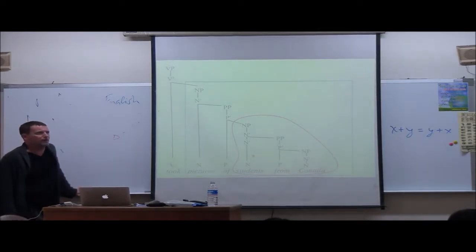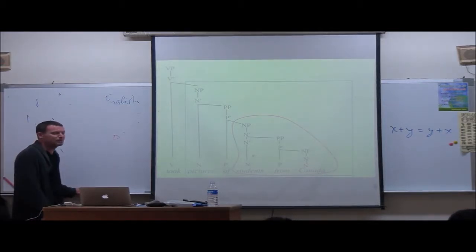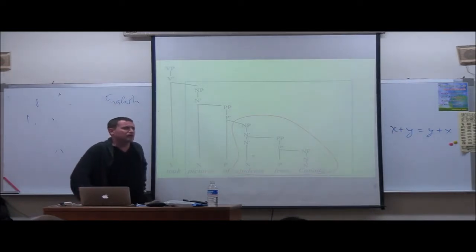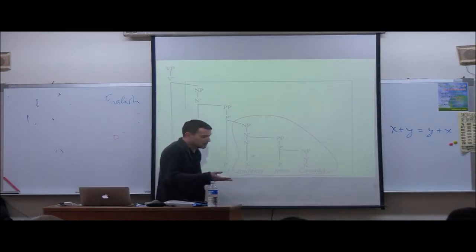And in general, the only daughters of an XP will be X bar and a specifier, if there is one. The only ones we talked about are D's. So if you have a tree with a VP for the next homework or so, the only daughter is going to be V bar.